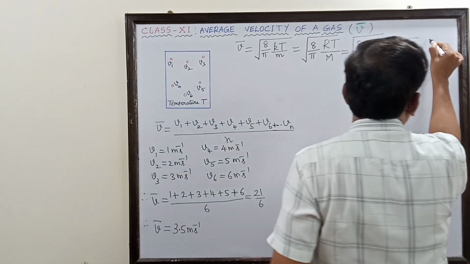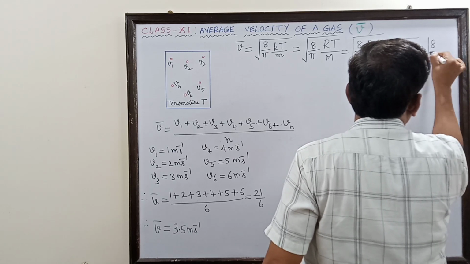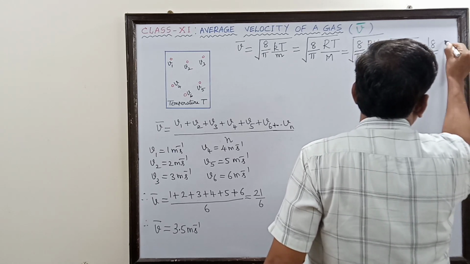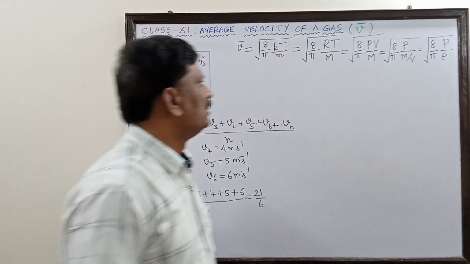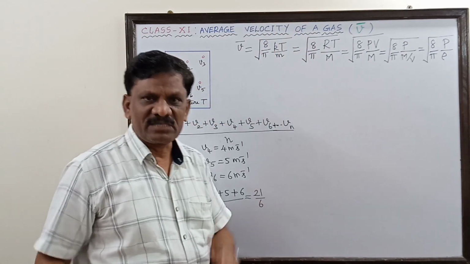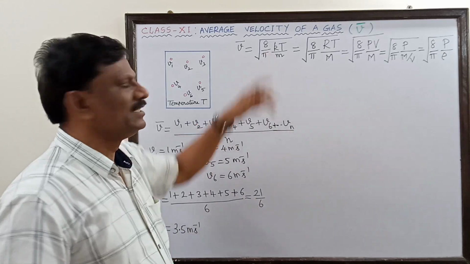So this is also equal to square root of 8P by pi rho, where rho is the density. These are all the different expressions to calculate the average velocity of the gas.